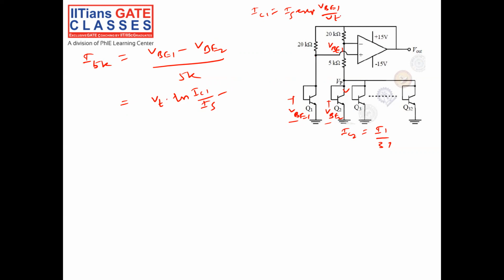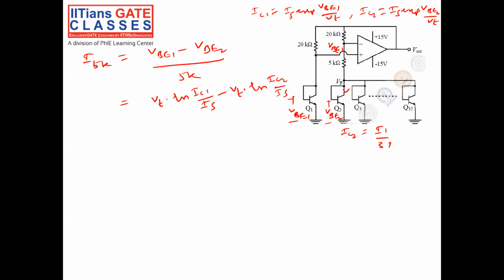Similarly, IC2 is equal to IS exponential of VB2 by VT, so VB2 is equal to VT ln IC2 divided by IS.